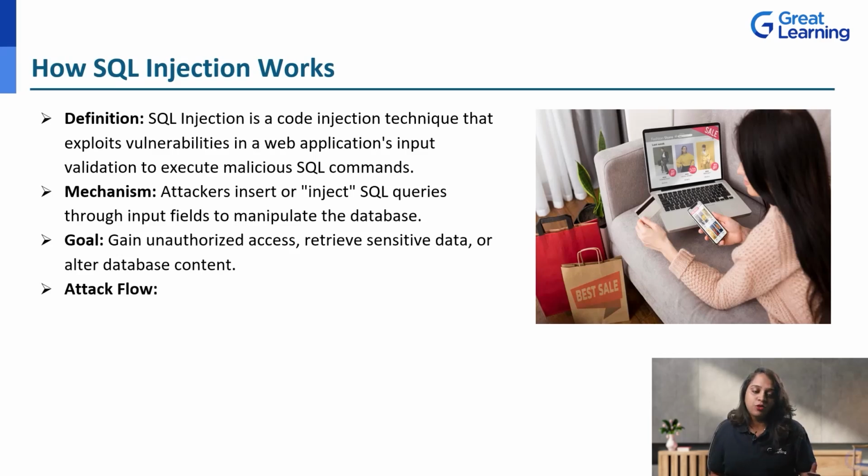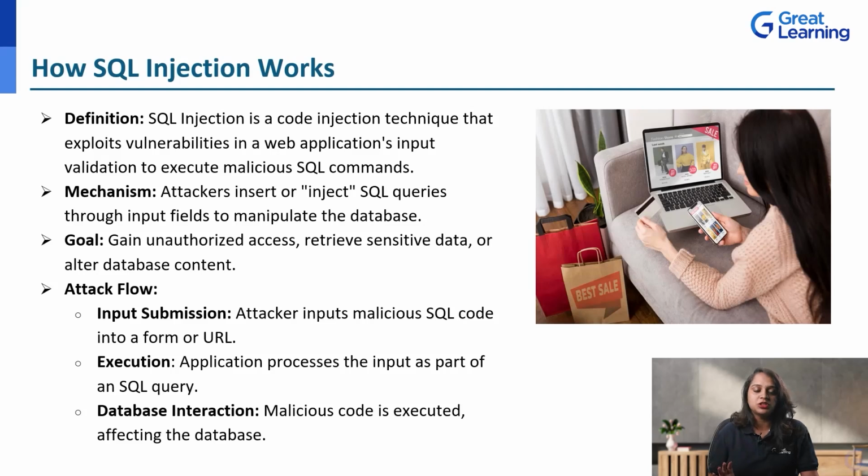So how does the attack flow happen? First, input submission. Attackers input the malicious SQL code into a form or a URL. I can use the URL also to inject the malicious code. Then the execution happens. The application processes the input as part of an SQL query.